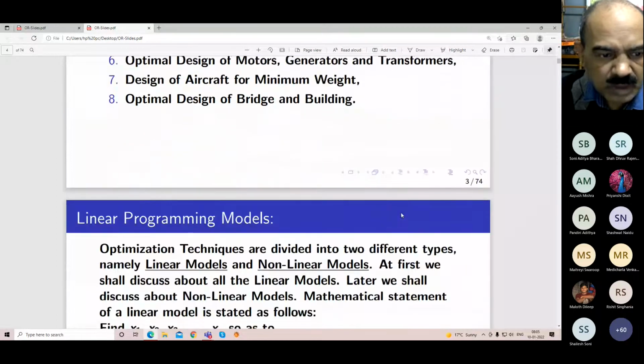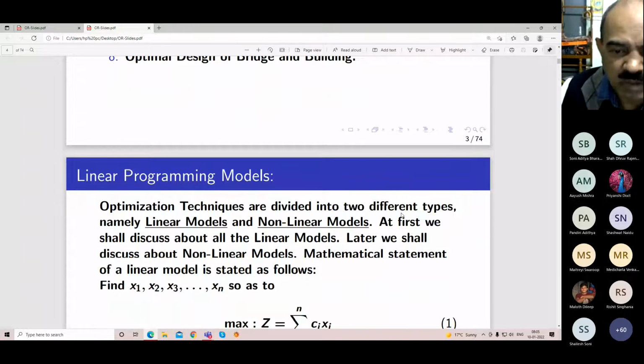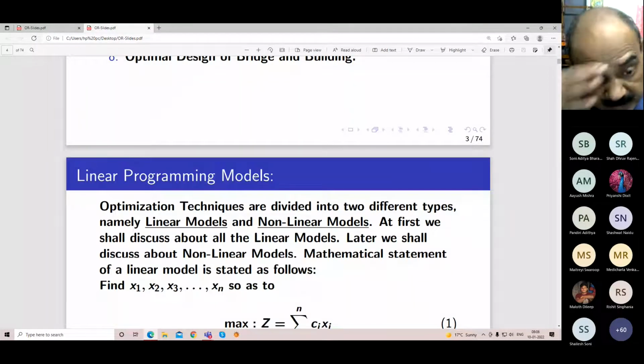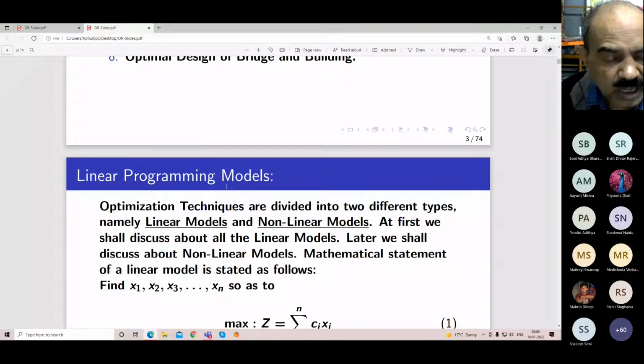As I already mentioned, in this operations research we will discuss mainly the linear models. Linear model in the sense that in a mathematical model, we have some objective function, some constraints, and some decision variables.